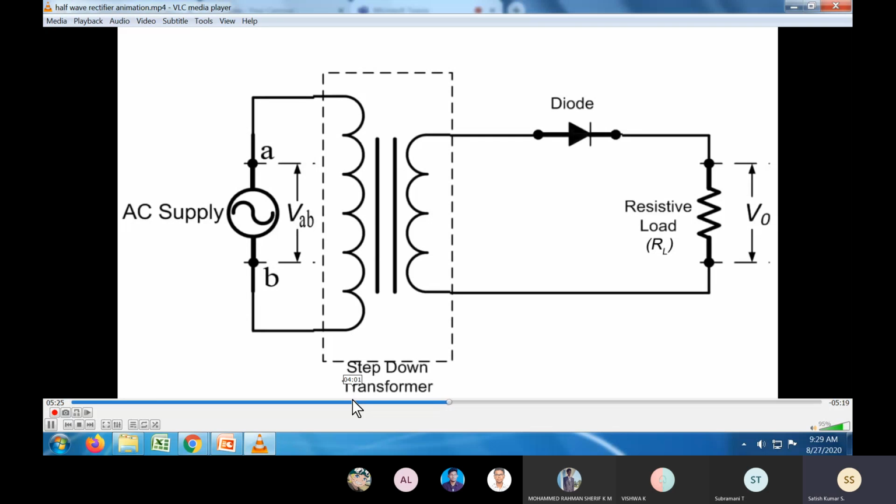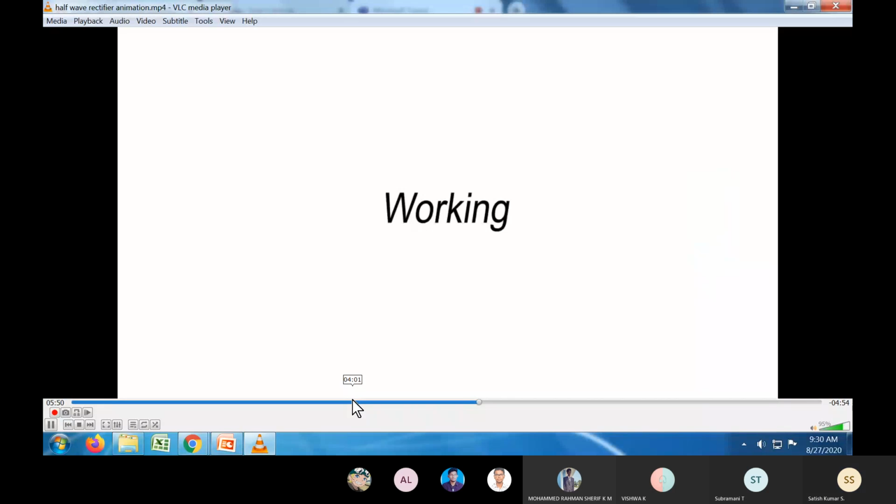It consists of an AC supply, a transformer to change the level of voltage, a diode, and a DC electric load, which could be an electronic device that runs on DC, a DC motor, or an electric valve. Now let's understand the working.